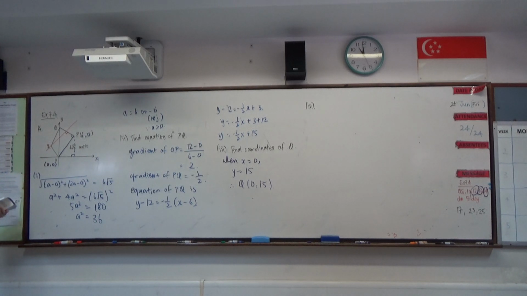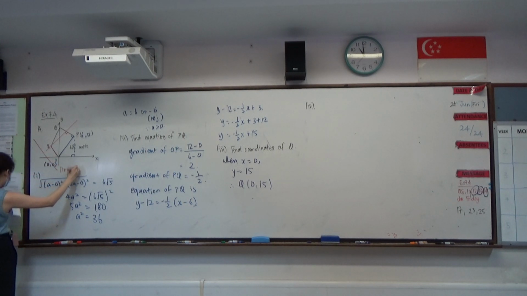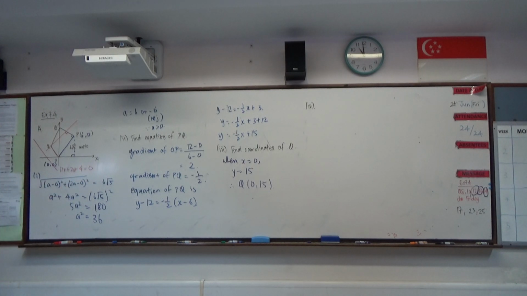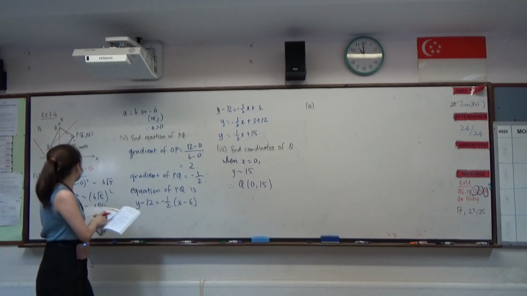Given that the line OR is parallel to another line that has the equation 11x plus 2y minus 4 equals 0. I'm not sure where this line is supposed to be. Actually, if you go on to manipulate, the line should probably be on top. But it doesn't matter. So we want to find the coordinates of R.